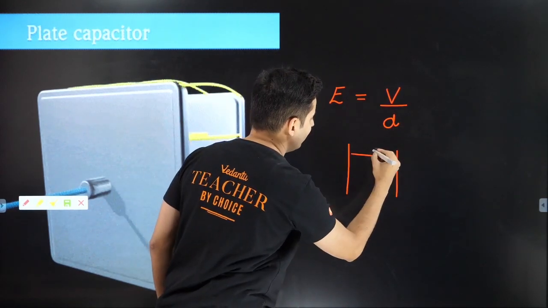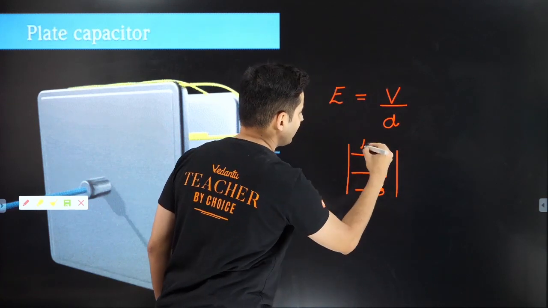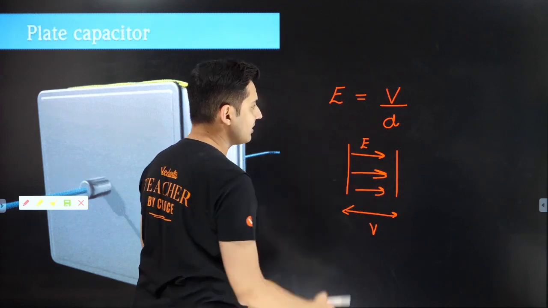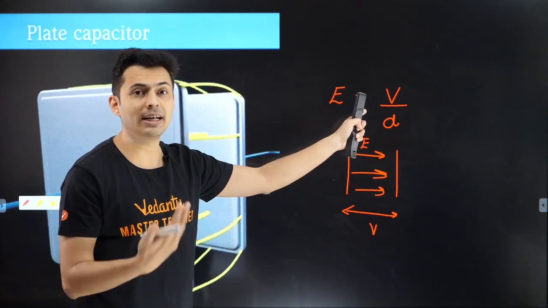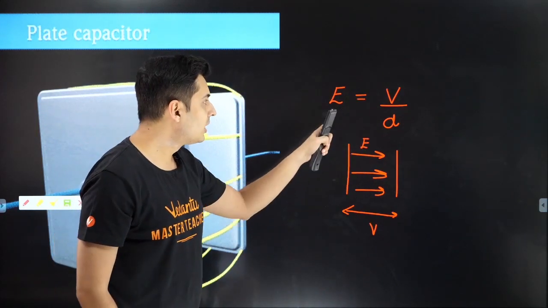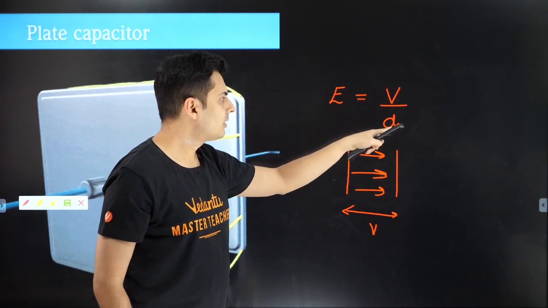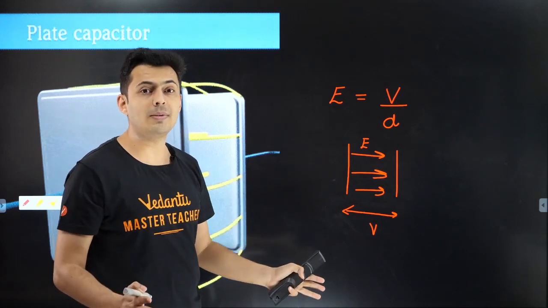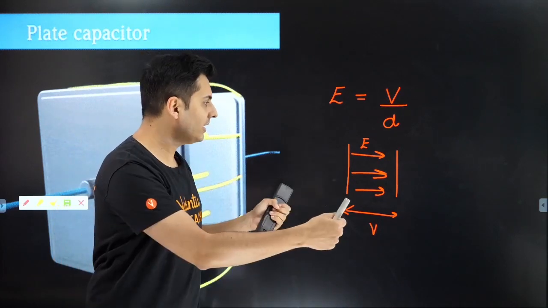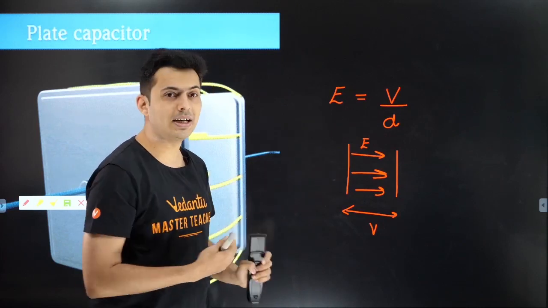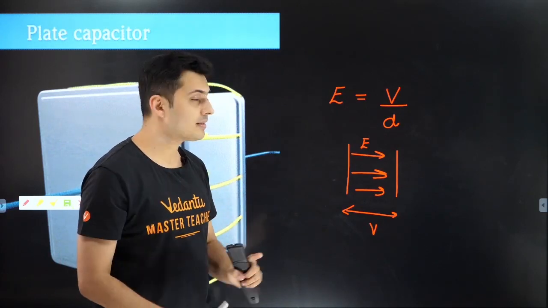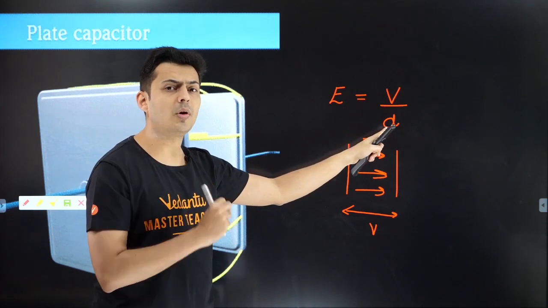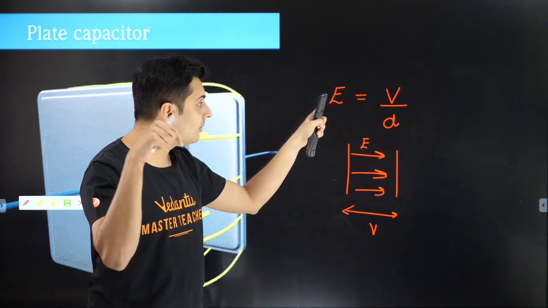You know this formula, delta V by delta R. So if the electric field reduces, distance should change or voltage should change, but I know neither of them is changing, because the battery is still the same, and the distance between the plates is still the same. So if neither voltage nor distance is changing, the only possible option is that the electric field must remain the same.